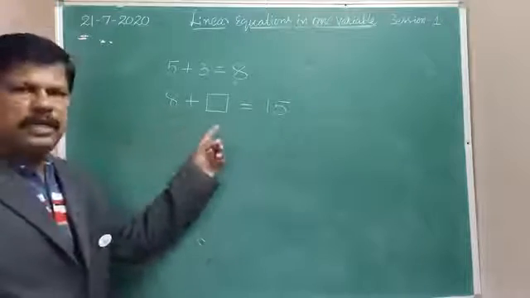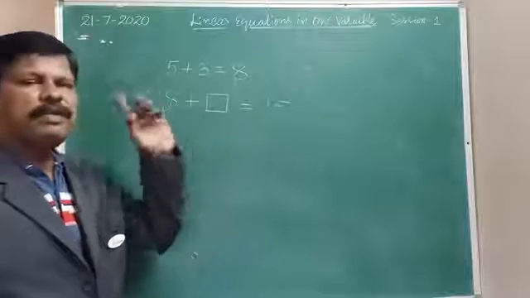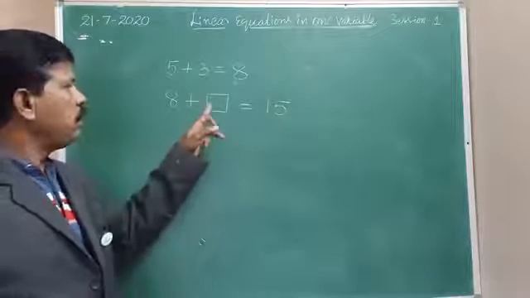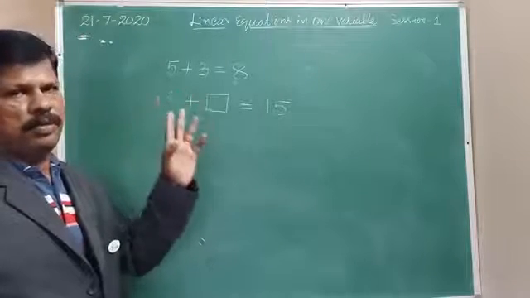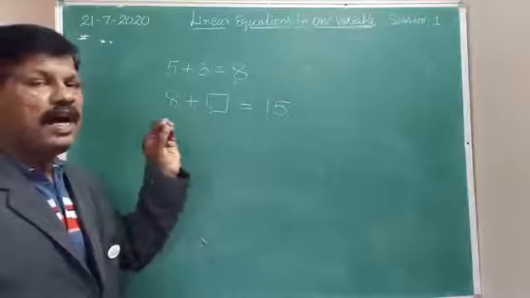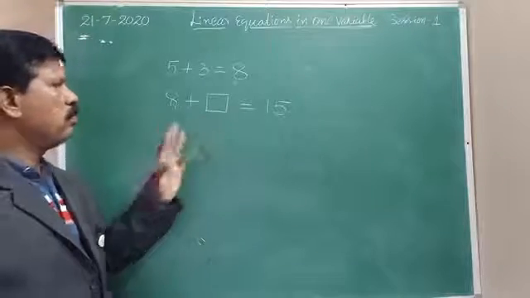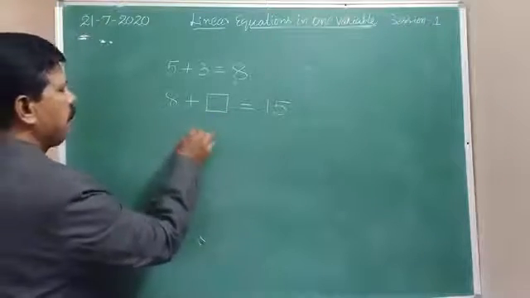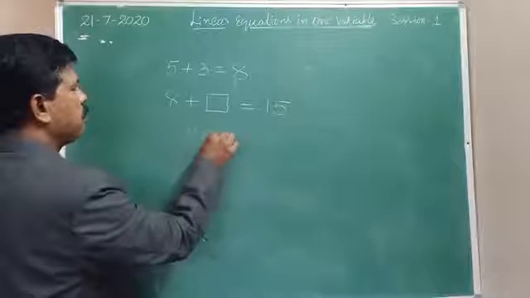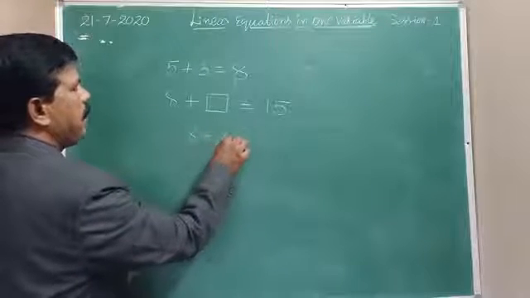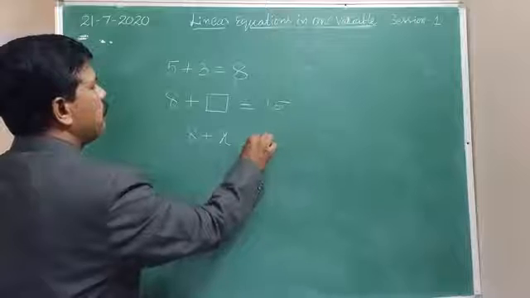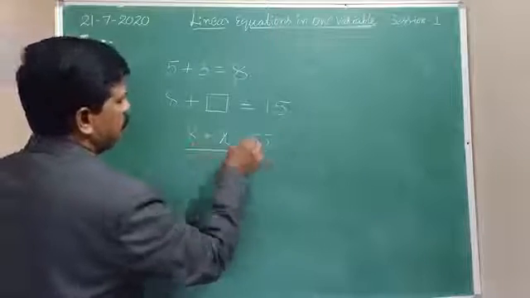This box we don't know. That is called an unknown. Unknown means we don't know that. So for that, what are we taking? 8 plus x is equal to 15. So like this we are taking.